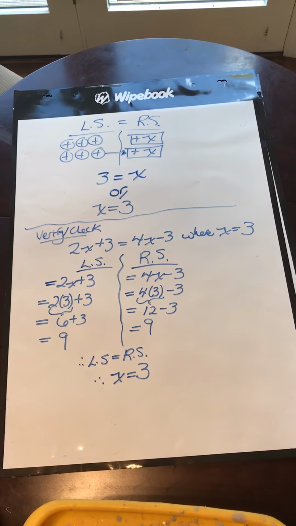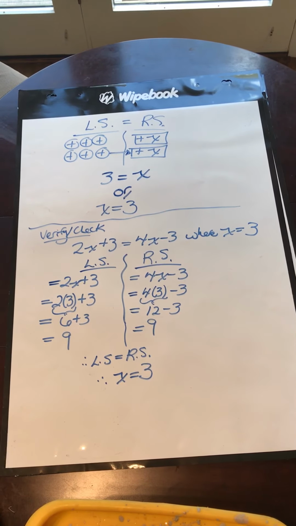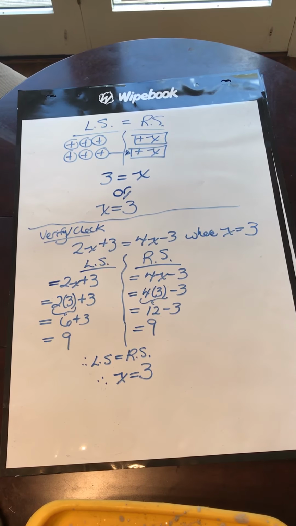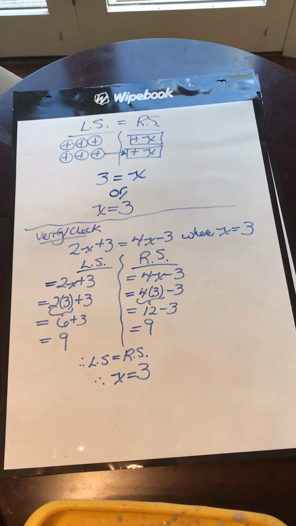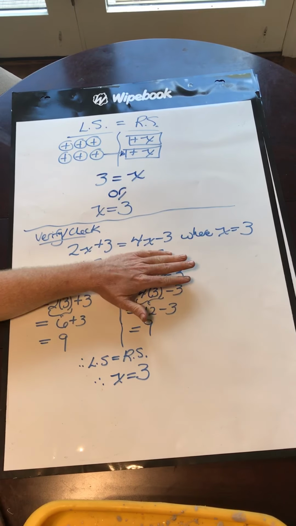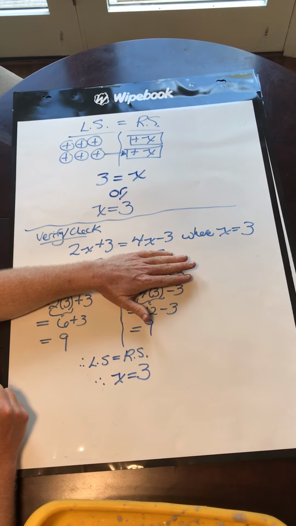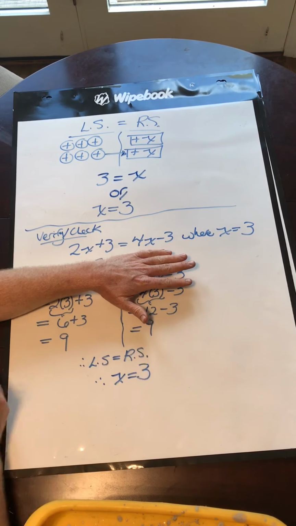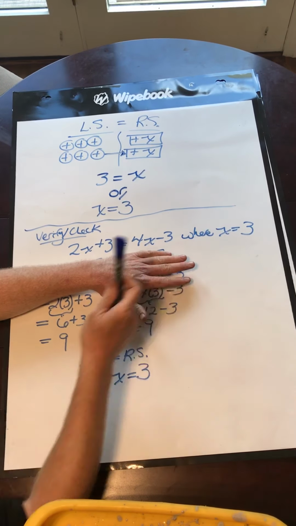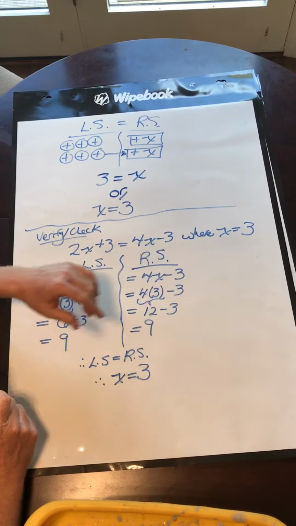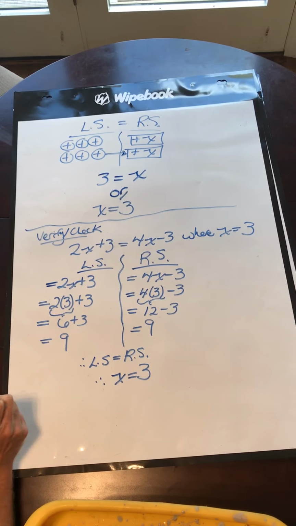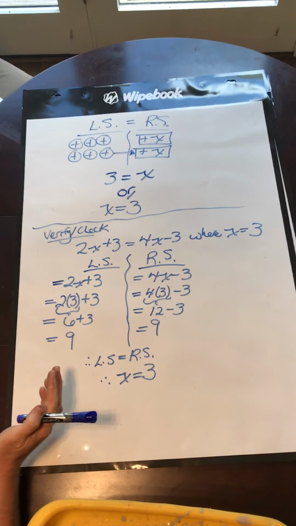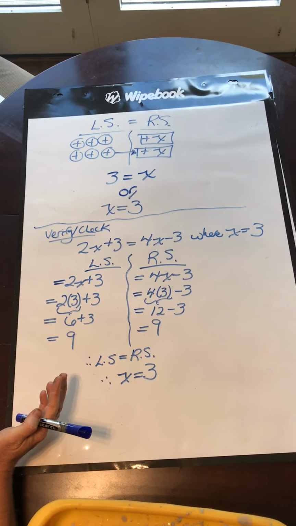Okay, so a lot of examples there, and I know some of you can go about doing this and looking at the equation and doing some mental math in your head and saying, well, I know what x is equal to, and then just giving that x is equal to 3. Okay, you're doing yourself a disservice if you do not go through these steps and understand how we go about solving equations.